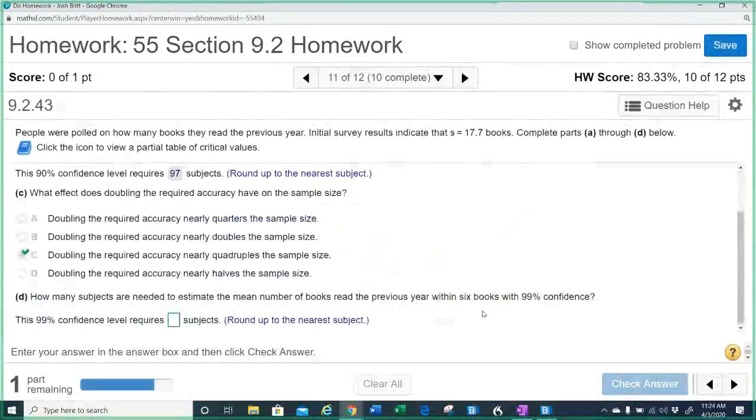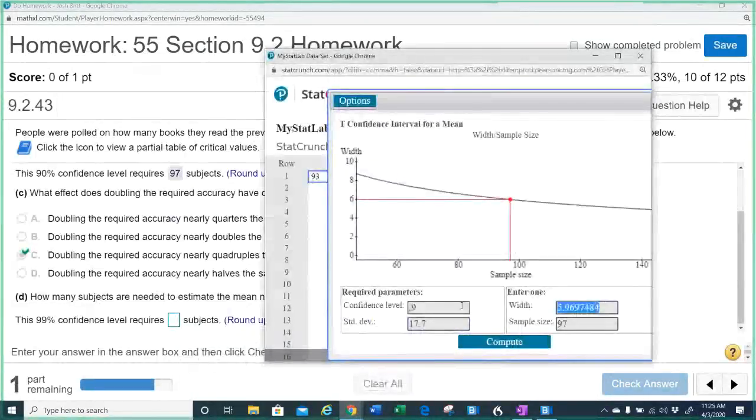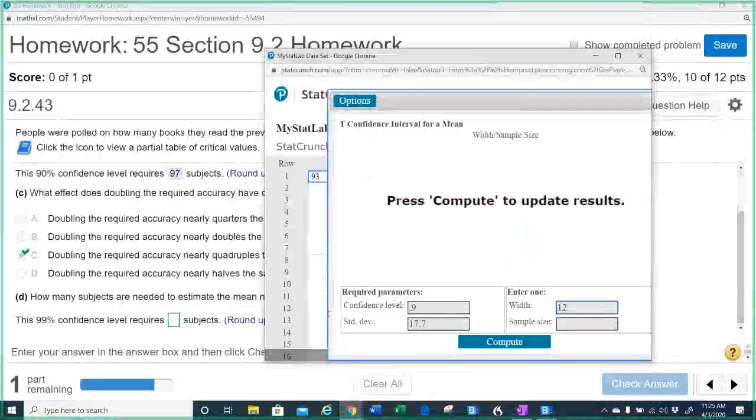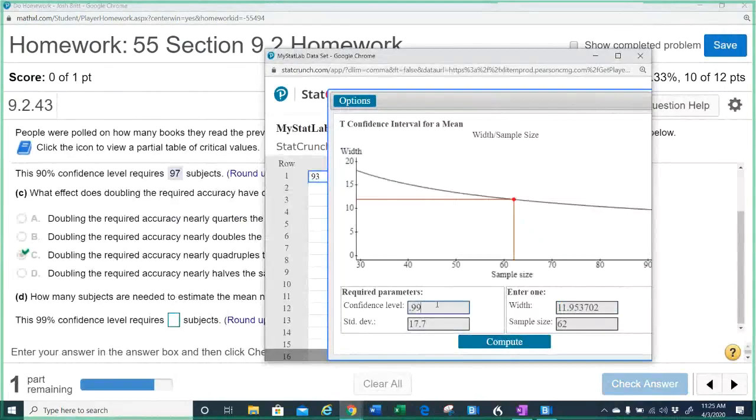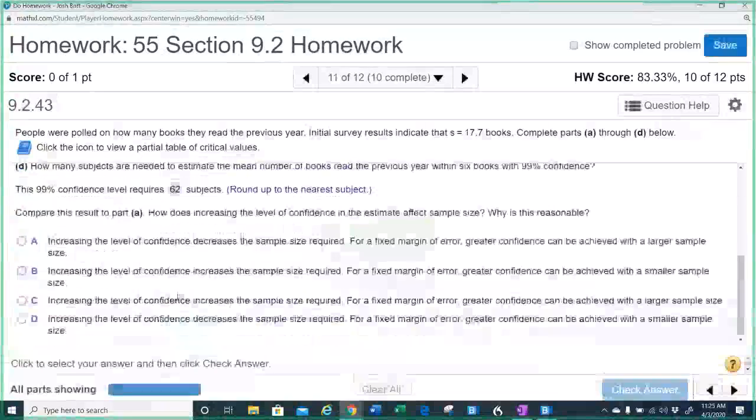So we'll do one more here, going back to margin of error of 6. So go back to 6, double is 12, and then 17.7, and then change your confidence to 99, and that goes up to 62. So increasing level of confidence affects sample size.